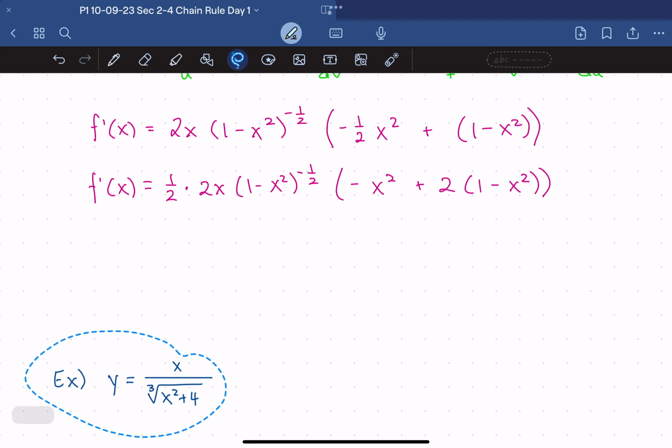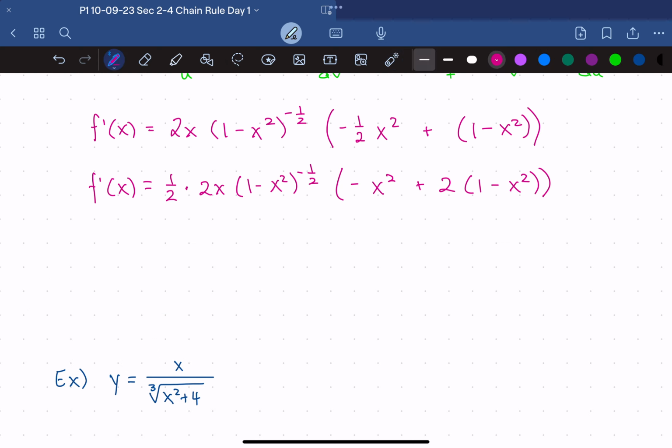I'm just going to move this down a little bit. So first of all, 1/2 times 2, that's just 1. So I have 1 x times 1 minus x squared to the negative 1/2. And then I have negative x squared. I'm going to distribute the 2. And so finally, let's see what I got here.